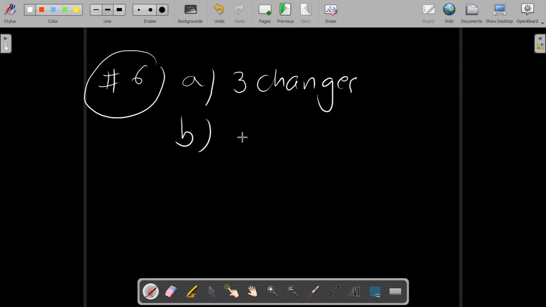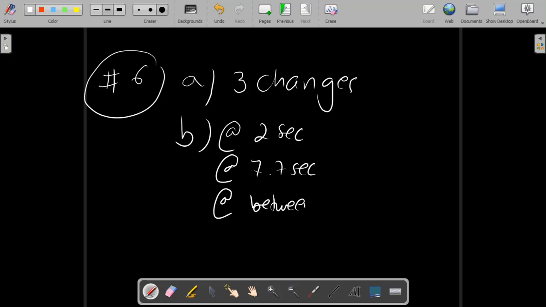There are 3 points in which it moves the slowest: at 2 seconds, at 7.7 seconds, or similar, because you're reading a graph, so it could be a bit different, and between 13 and 15.9 seconds. Those are places where it's moving the slowest, because all 3 have no slope. That's how you know.